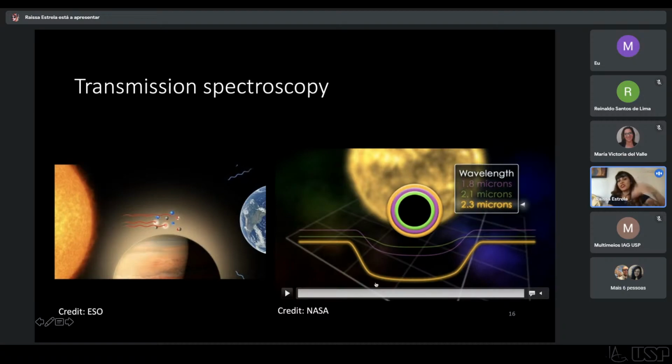We see this huge transit depth here, because the planet is blocking a portion of the starlight. And if there is an atmosphere, this atmosphere is going to appear as an opaque disk at a certain wavelength, because, as I told you, molecules and atoms are going to absorb at certain specific wavelengths. So this will cause the atmospheric disk to show as opaque, and it's going to change the transit depth.